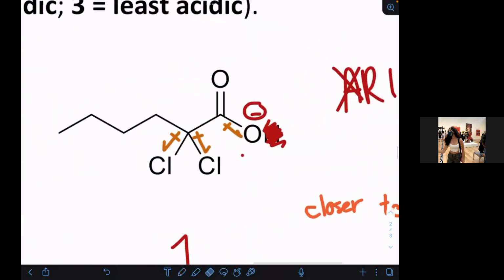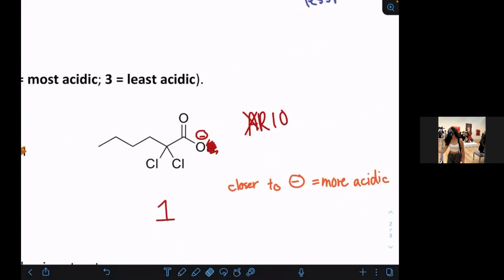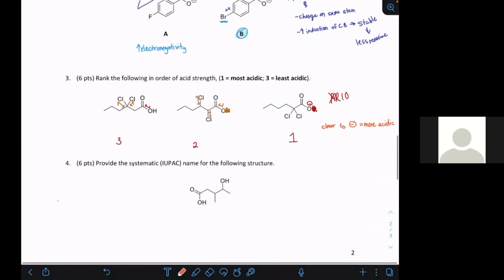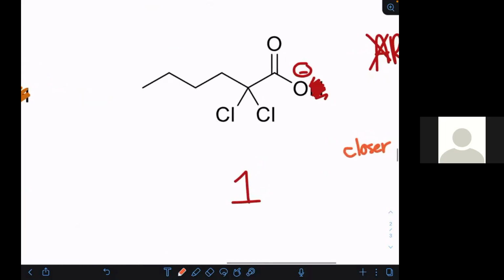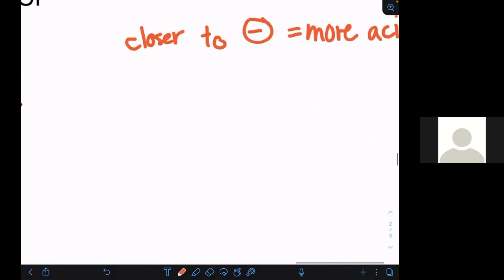I did it earlier like that, but I really had no basis anyway. Okay. She explained two chlorines are stronger, like number one is stronger, and closer, again, is stronger.